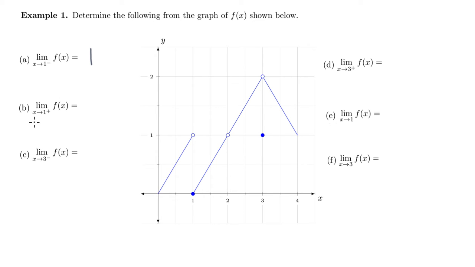Okay, so now how about as x approaches 1 from the right? Let me trace the function from the right, and notice that I'm getting closer and closer to y equals 0.